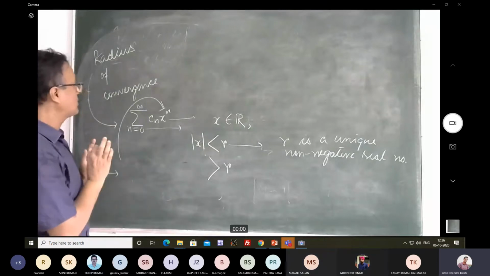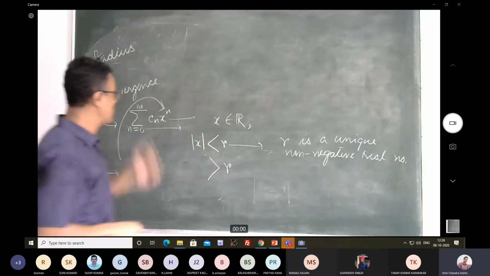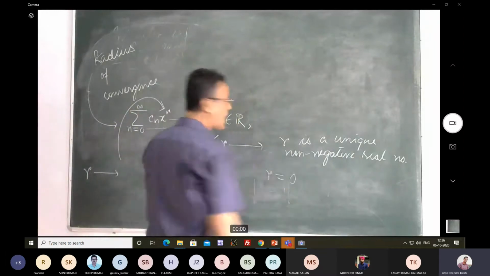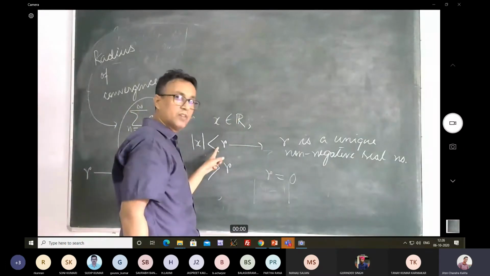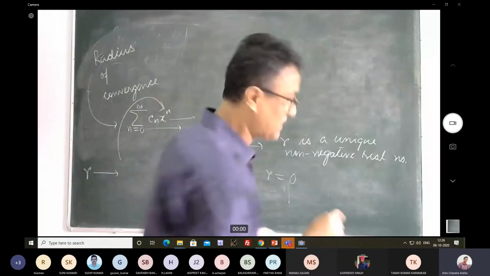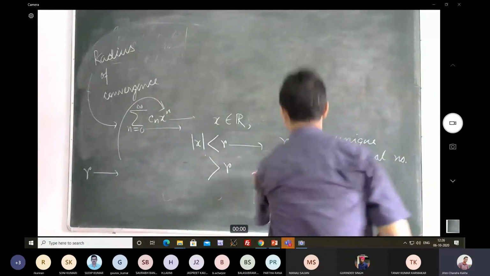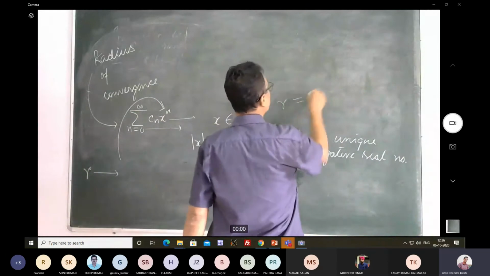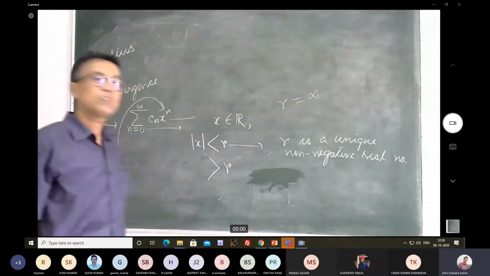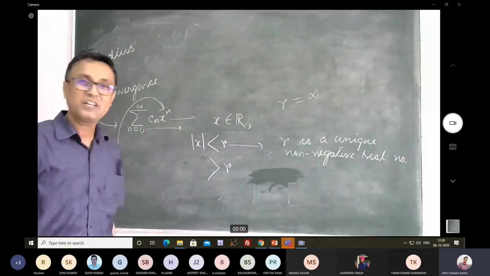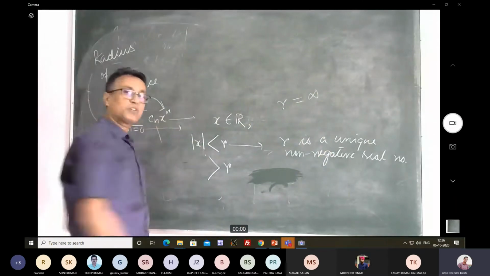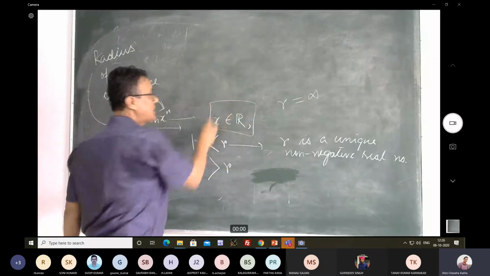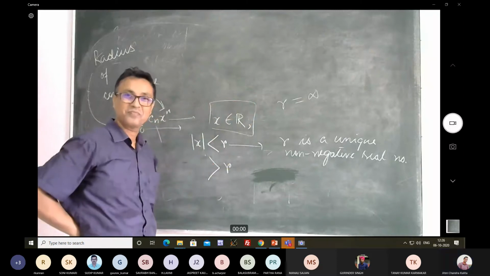Okay, fine. So that means what is going to happen if r equal to 0? I'll come to r equal to 0 later. Before that, if r equal to infinity, so that means the series is going to converge for all x belonging to the set of real numbers, isn't it?